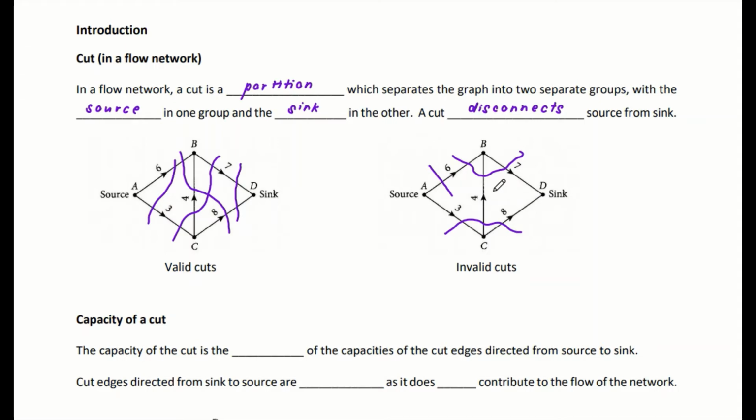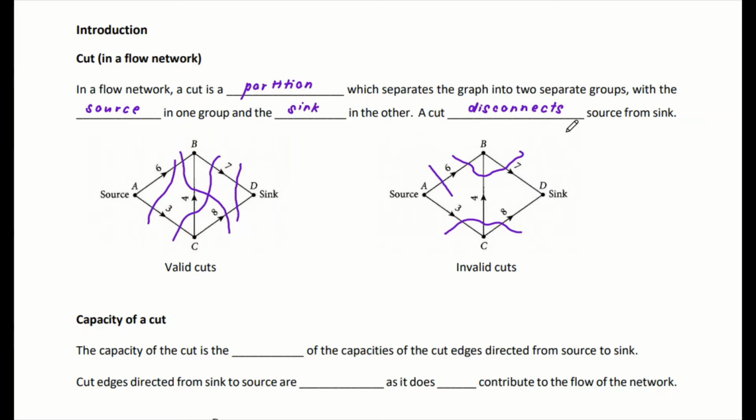All right, I hope that you get an idea of what a cut is and how to identify whether a cut is valid or not. Normally, if you satisfy the first condition, then the second is satisfied already, but it is good to understand what a cut does.